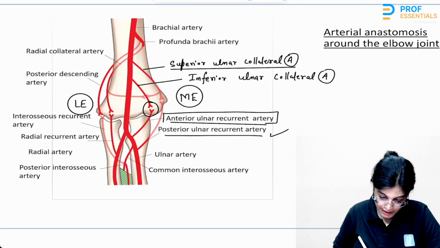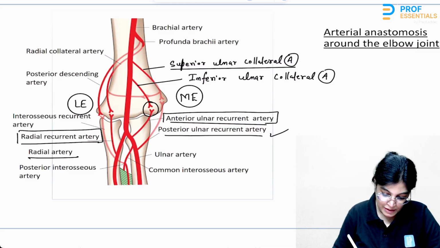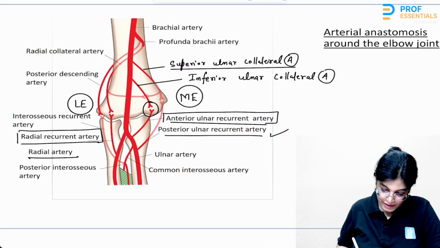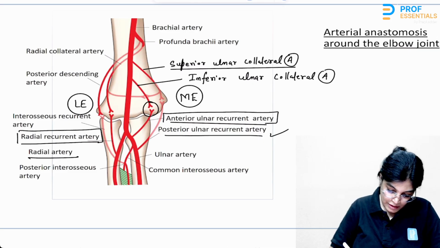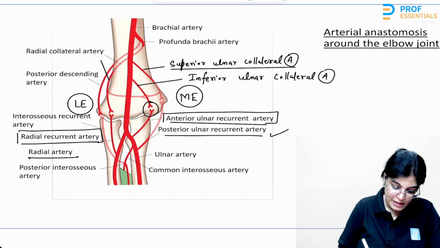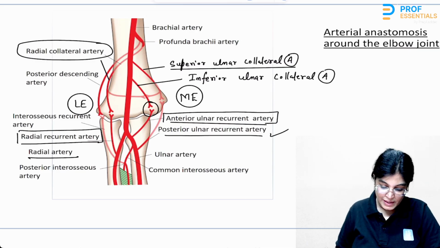We will have the anastomosis which is taking place between the radial recurrent artery, which is a branch from the radial artery, with that of, okay, the anterior descending arteries. This is also called the radial collateral artery. This is forming the anastomosis as you can see here.